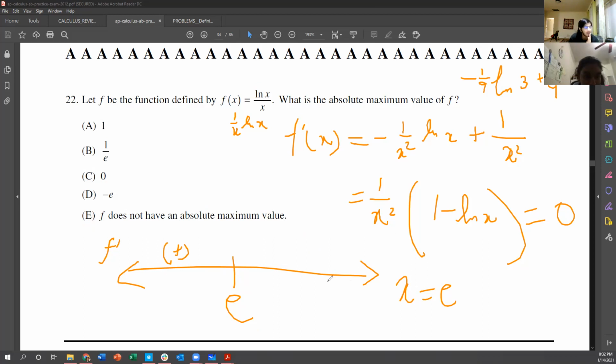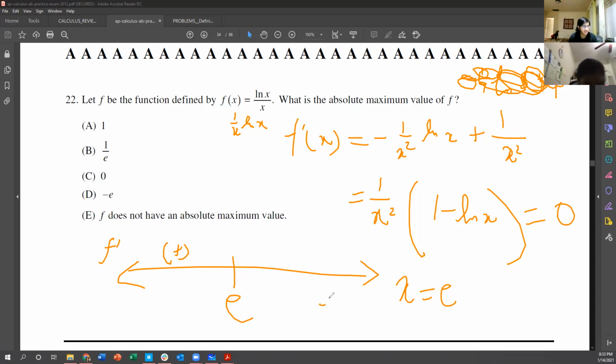So we still need to figure out, for large values of x, what happens to f prime. Let's think about what would have happened if we plugged in e squared.